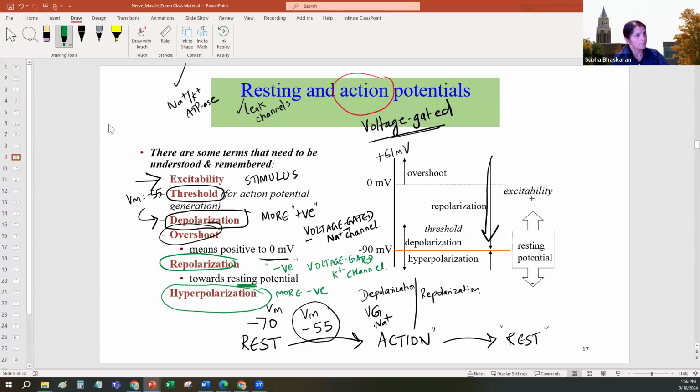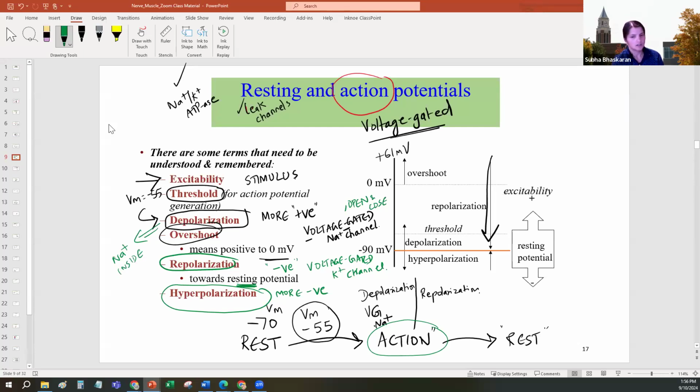Okay. But the only problem here when the cell gets stimulated, right, is what? What is the problem? Voltage gated sodium channels, they open, correct, bringing in sodium and close. So where is the sodium stuck? So at the depolarization, the sodium is stuck inside.